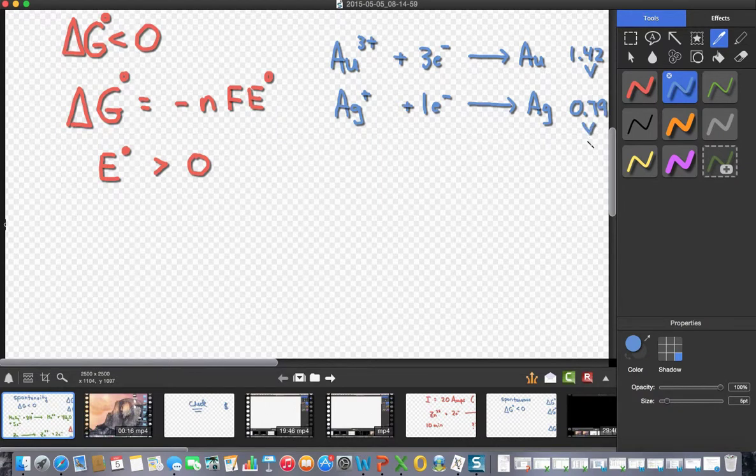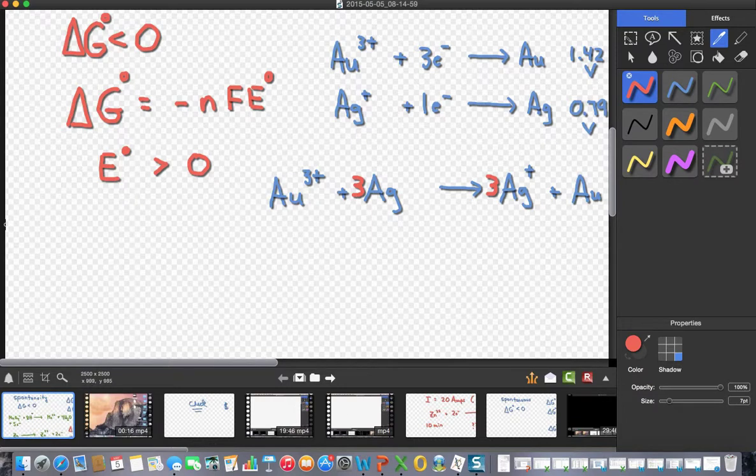There are two possible reactions between these two systems, one of which would be Au 3 plus being reduced and silver being oxidized. And of course, if you look at the charge very quickly, you realize that we need 3 silver for every 1 gold. So that's a balanced chemical reaction.